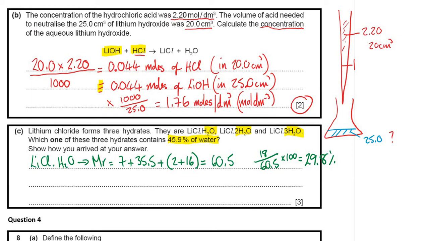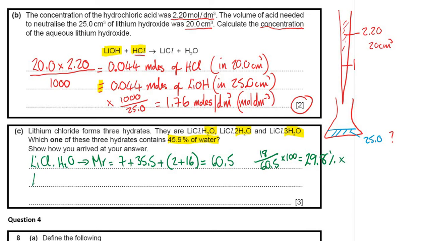The first one I've done, lithium chloride with 1 water of crystallization. The MR of water is 18, so this is 60.5, the MR of that. So 18 divided by 60.5 times 100 is 29.8, so we know it's not that one.